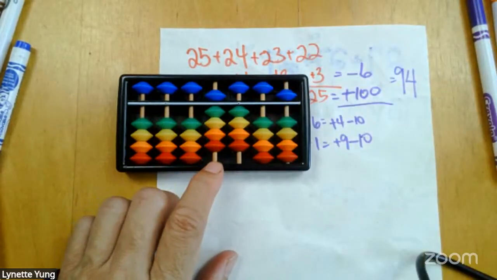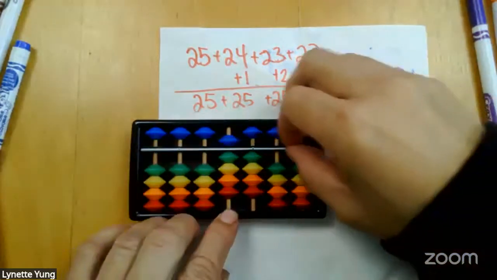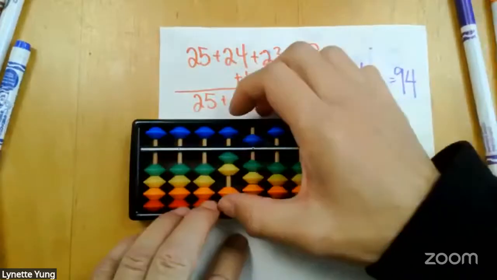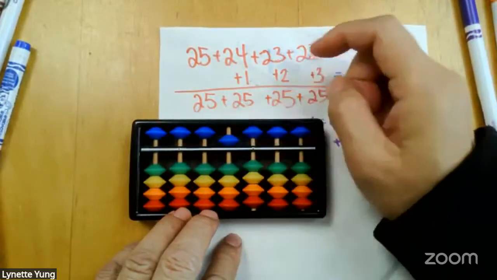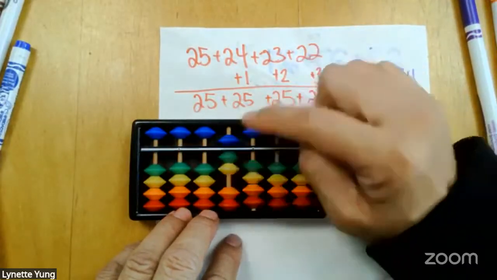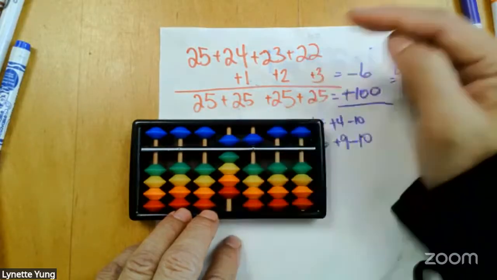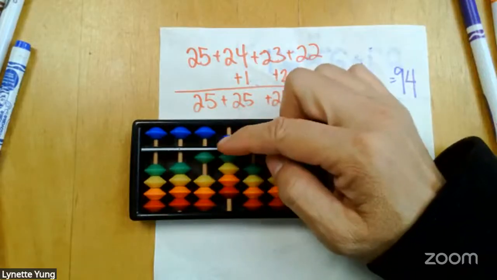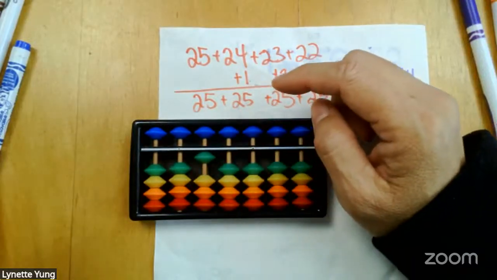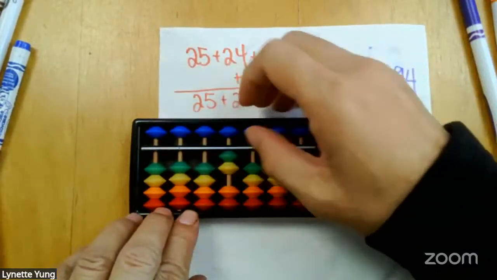Okay. So 25 plus 25, which is easy, right? Plus another 25, and then another 20, and then 5. All right, do that again. So you got 2 and you got 5. Right?